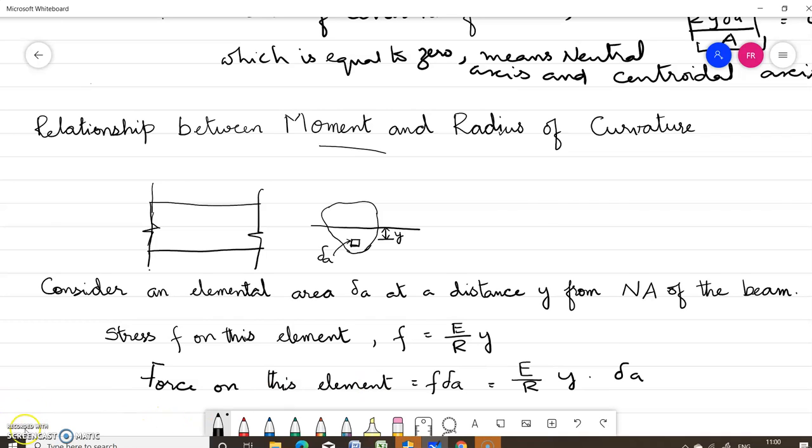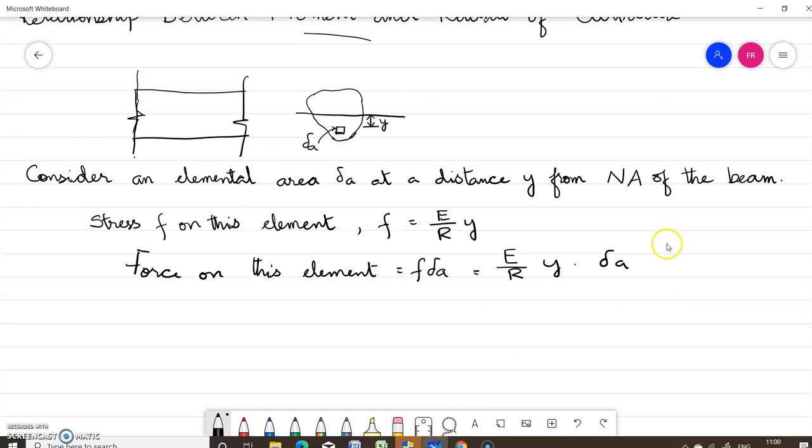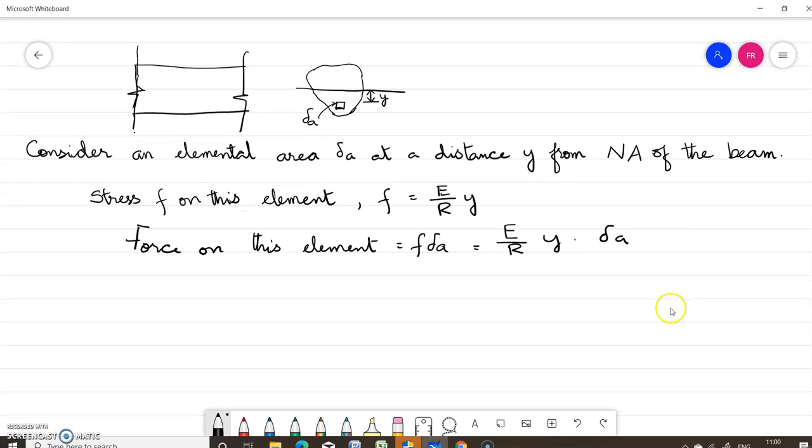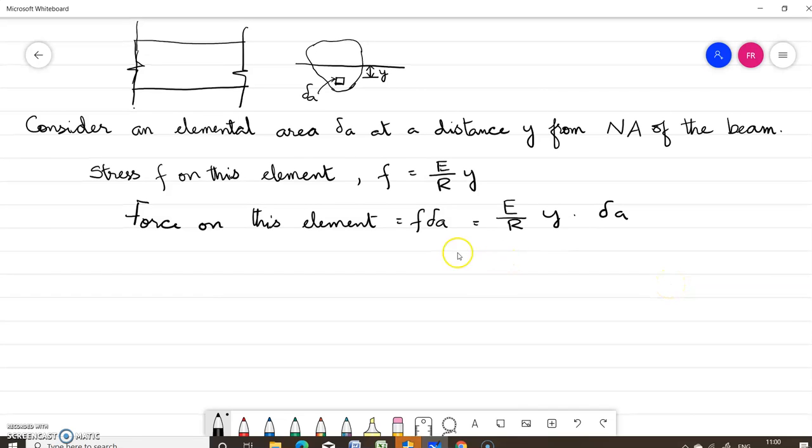Now, due to the application of the moment, the resistive stress is developed on the area, and this will lead to the force. We can write the moment of this force on this elemental area about the neutral axis as this force into distance y. So this is the moment of this resisting force about the neutral axis.